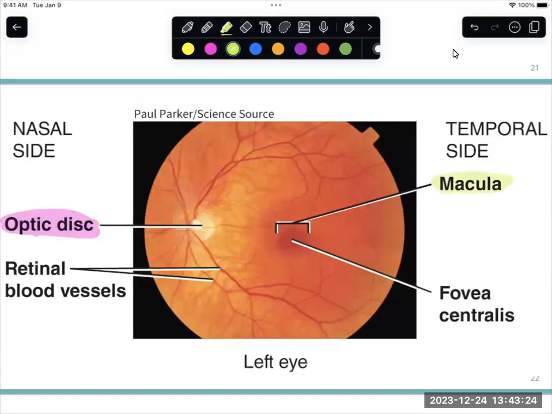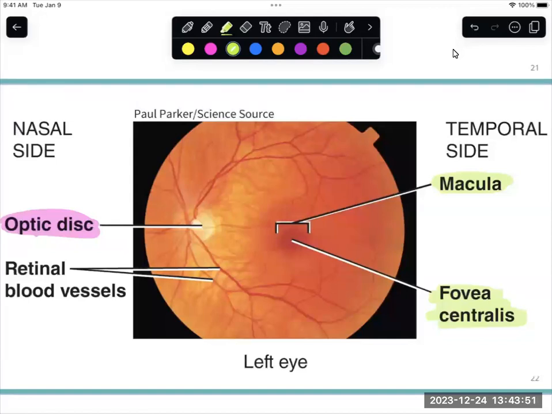And in the middle of the macula, we have this fovea centralis. This is the area in the back of the eye that has the most precise vision. This is where we see the best. So when something is reflected directly into this fovea centralis, that is where we see the best.